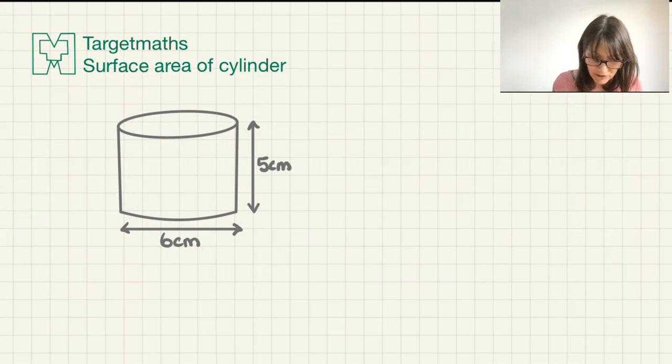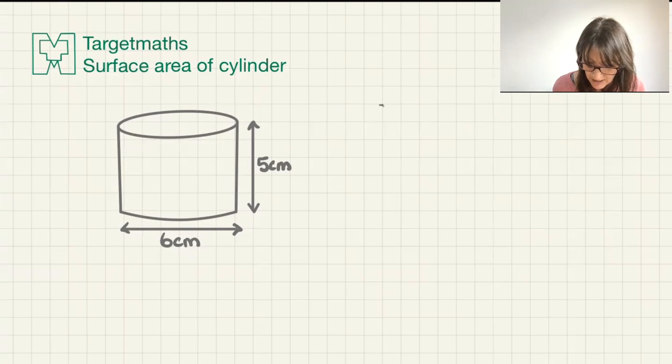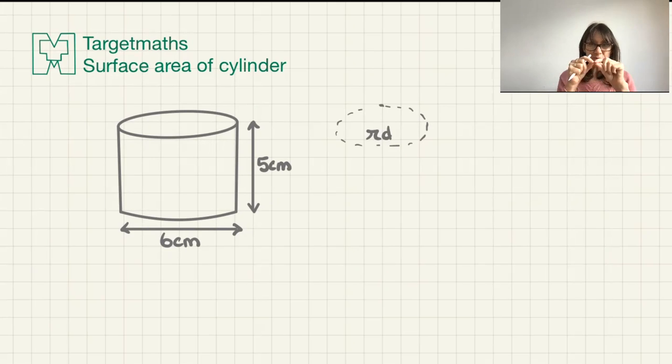So let's first of all start by looking at the top. We're looking at the circumference around the top of the cylinder, and I'm going to do that with a little dashed line. That's the circumference, okay, which we know is pi d. Now, if the circumference was made from a piece of string, I could start to unravel it, couldn't I?